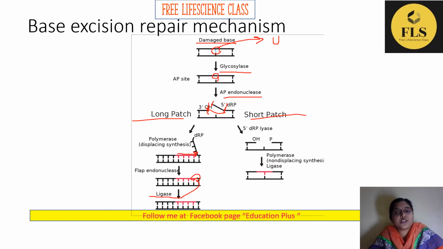But in the case of short patch, if we want to remove only a short segment or short sequence, then this endonuclease is enough. So we do not want another endonuclease to remove the extra portion, so only one endonuclease will get activated.